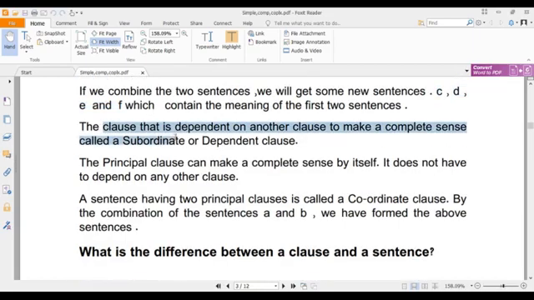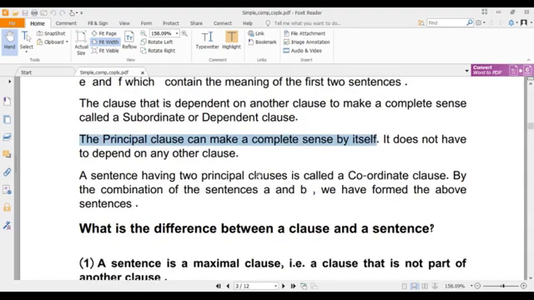The clause that is dependent on another clause, যদি কোনো ক্লজ অন্য ক্লজের উপর নির্ভরশীল থাকে তাকে বলে সাবঅর্ডিনেট ক্লজ। The principal clause can make a complete sense by itself. একটা principal clause নিজে নিজে তার অর্থ প্রকাশ করতে পারে। It does not depend on any other clause.